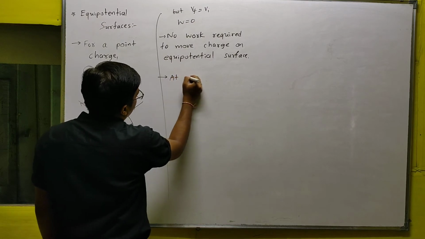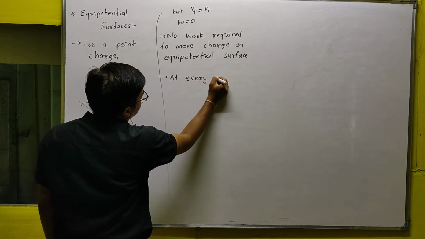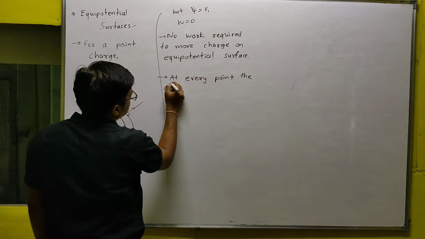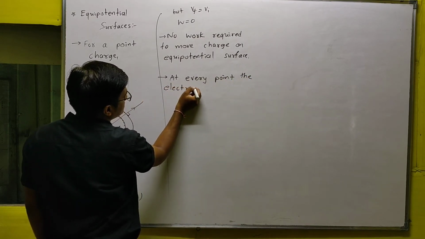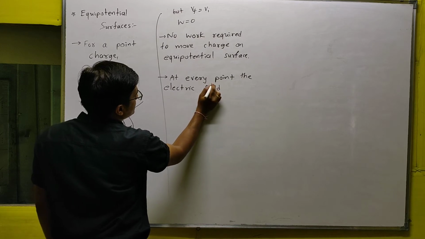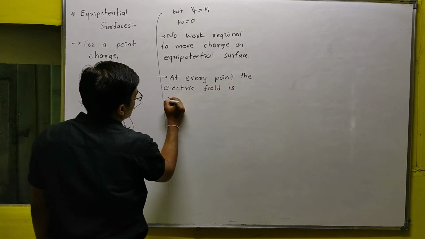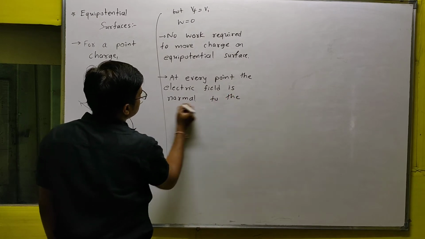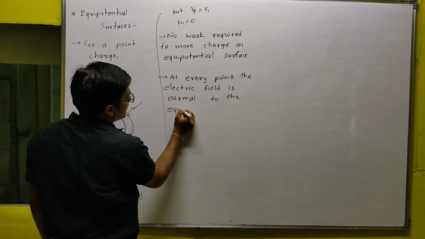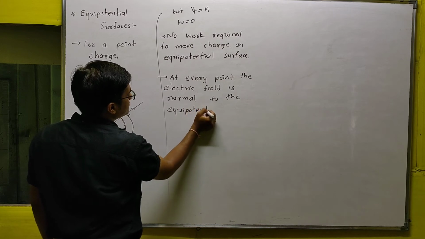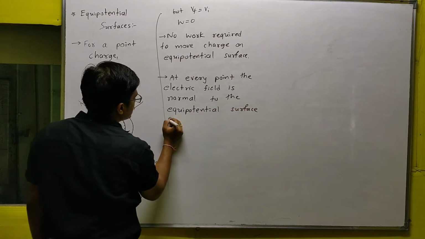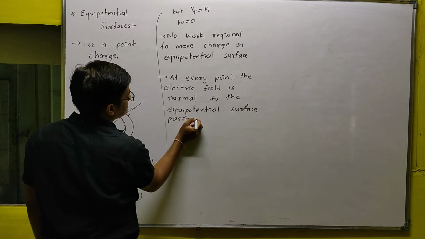So at every point the electric field is normal to the equipotential surface passing through that point.